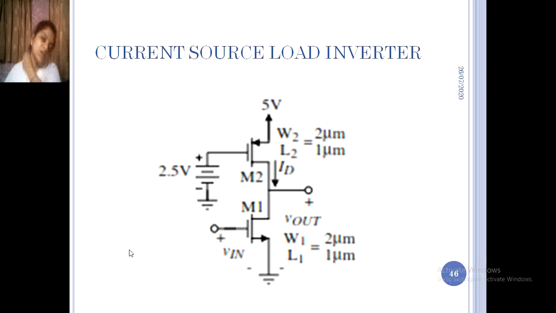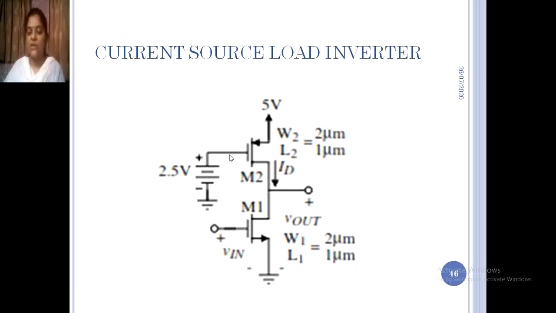Then the current source load inverter we are going to see. In the last one, the active inverter, the gate and source terminals of M2 are connected to each other. But what is the difference between these circuits? Here the gate and source are not short circuited.